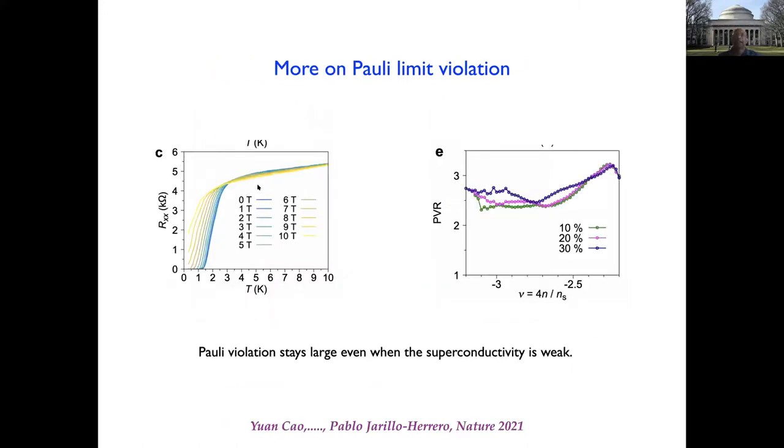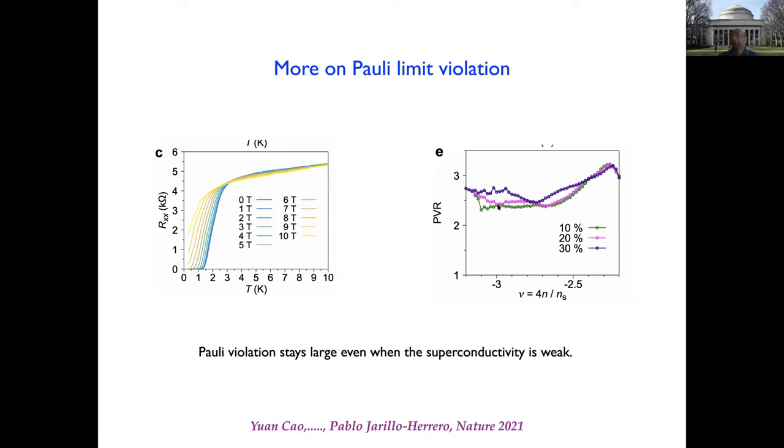So you can see that in the resistance traces here as well. As you increase the field, the superconducting downturn is hardly suppressed as the field goes out to several Tesla. Okay, and you can plot the Pauli violating ratio as a function of the density of the filling, and you see that the Pauli violating ratio is biggest around the optimal doping for superconductivity, which is around 2.4 or something like that.